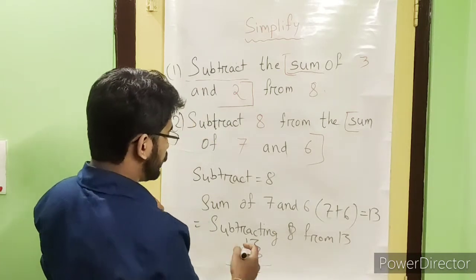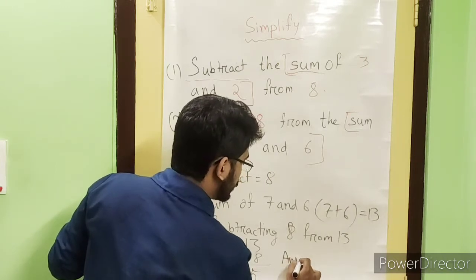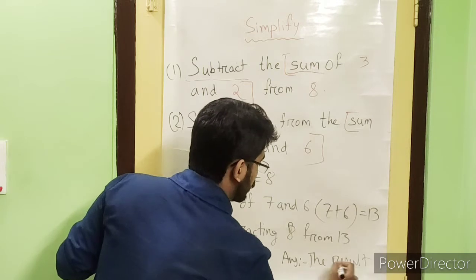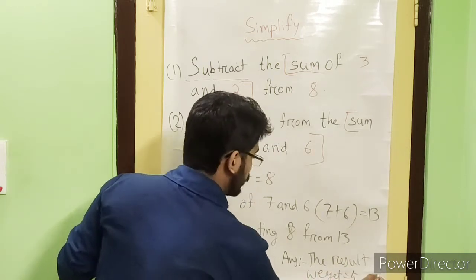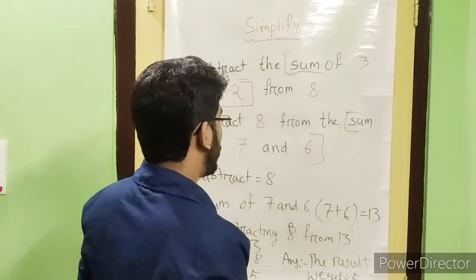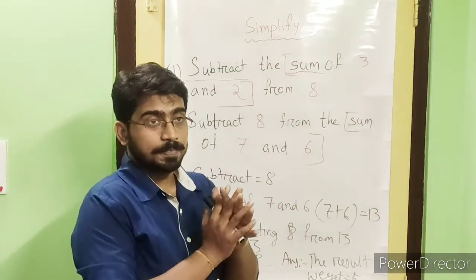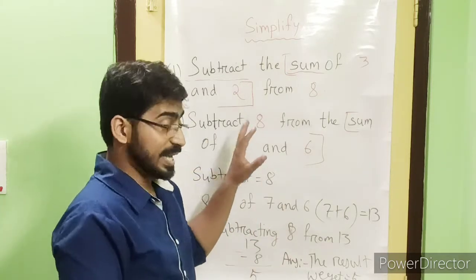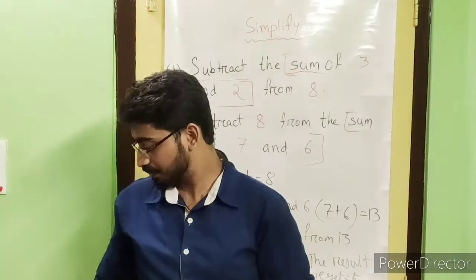And then we need to put the answer. The result we get equals 5. So now I am going to rub this and I will show a particular type of question. By that you can do all the sums like this one.